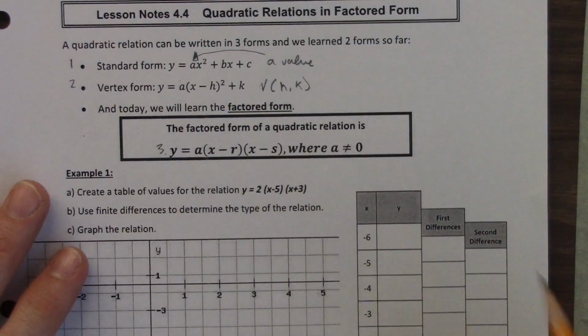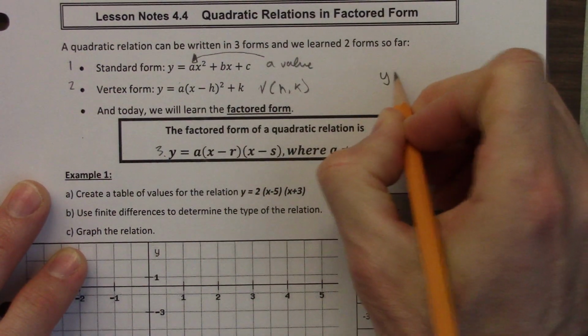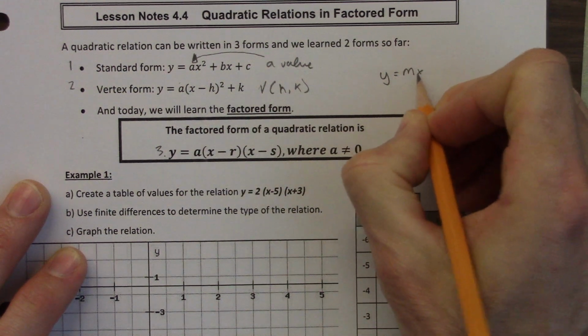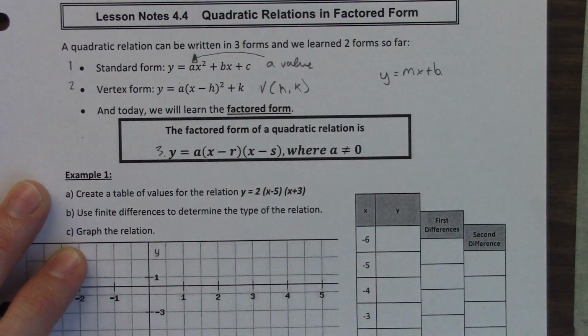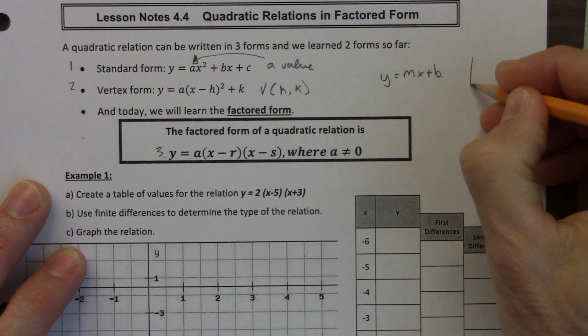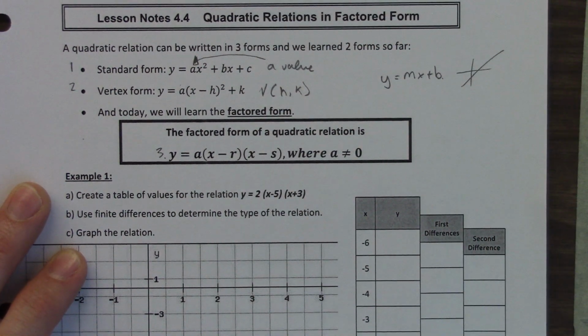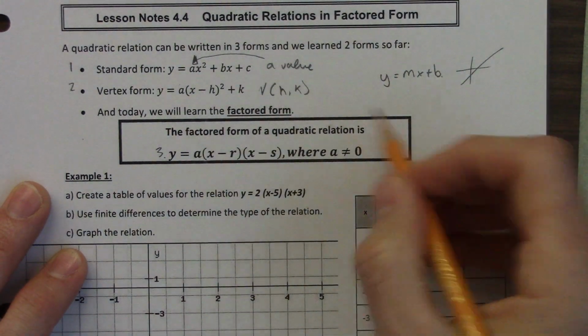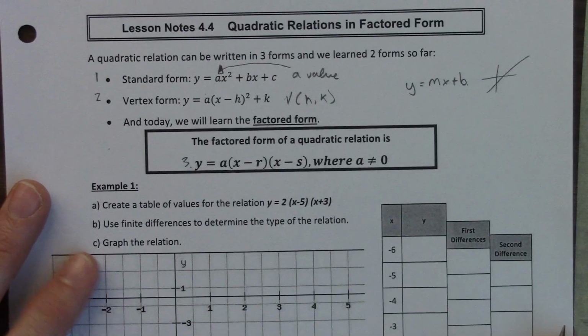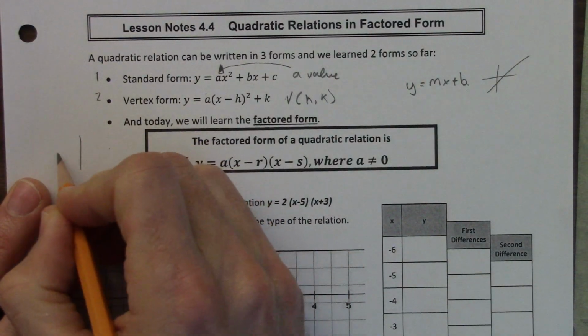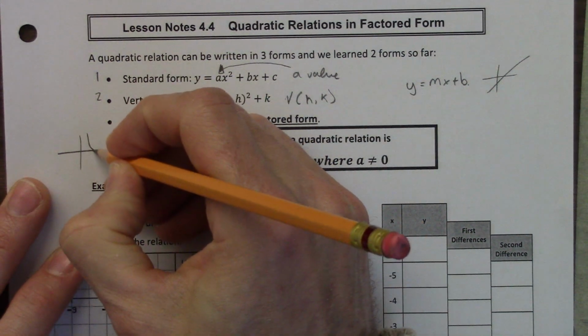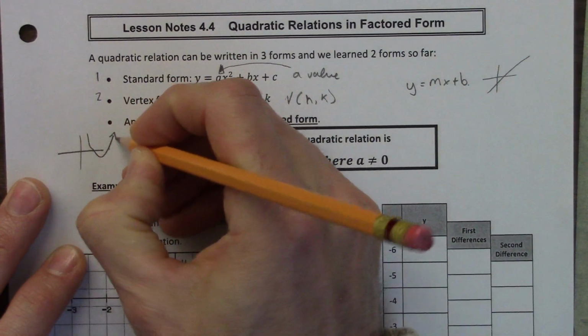So in grade 9, we learned one formula, y equals mx plus b, which was very important, and it told us about the behavior of a straight line. Now we are learning these three formulas to tell us the behavior of a parabola.